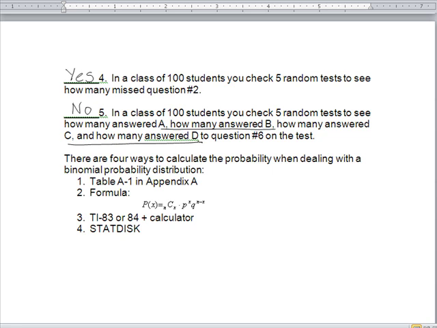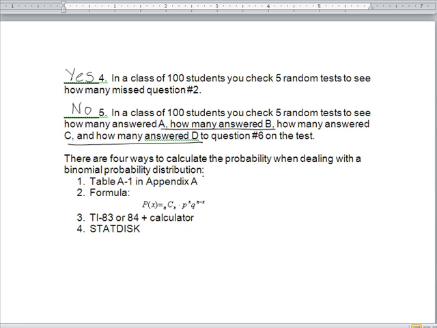Now, in working with probability distributions, and in particular with binomial this time, we have several ways we can calculate the binomial probabilities. One is using table A1 in the textbook, and we'll look at some examples of that in our sample problems.